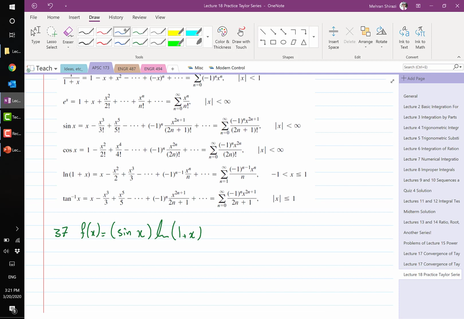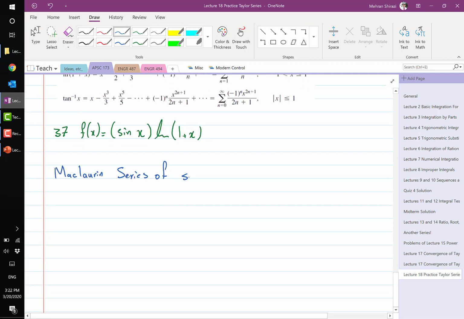So the Maclaurin series of sine of x is, from the above table, the infinite sum of minus 1 to the power of n over 2n plus 1 factorial times x to the power of 2n plus 1.